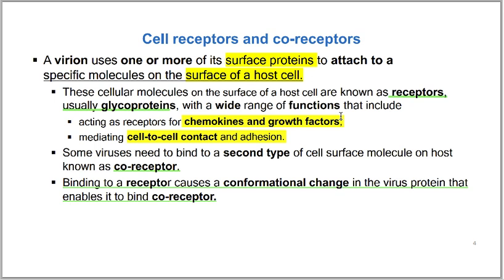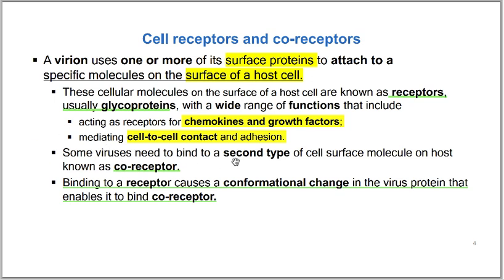So basically, the virus attacks the receptor. Those are chemokine receptors or growth factor receptors of the host cell, mediating cell to cell contact and adhesion.